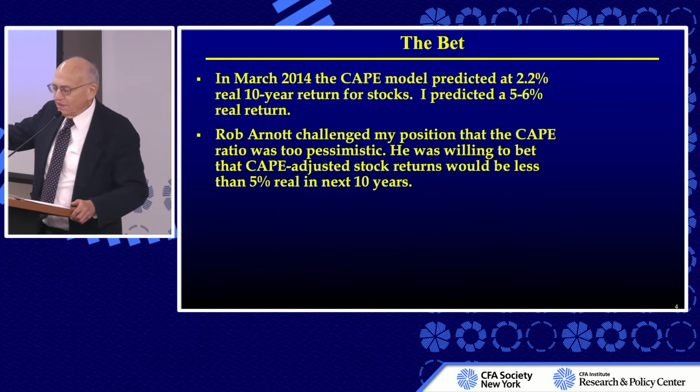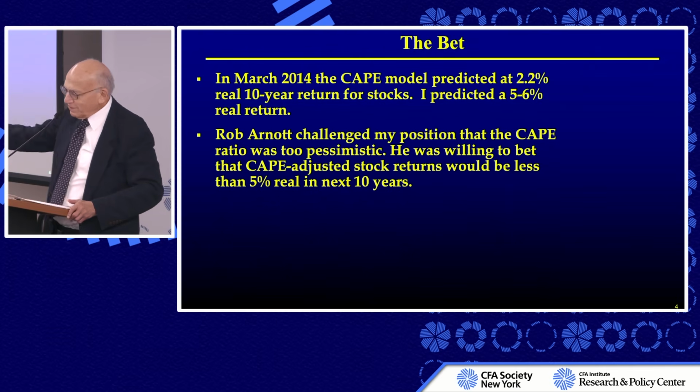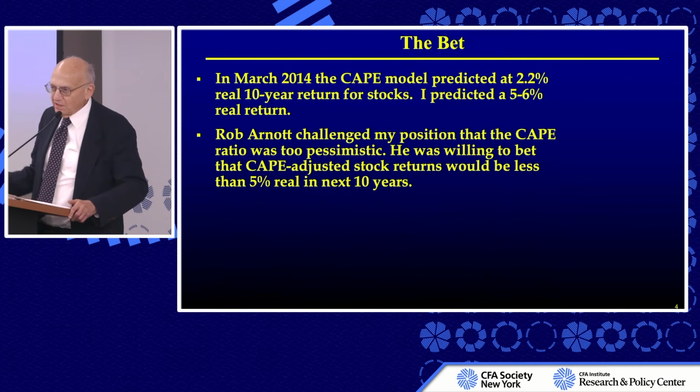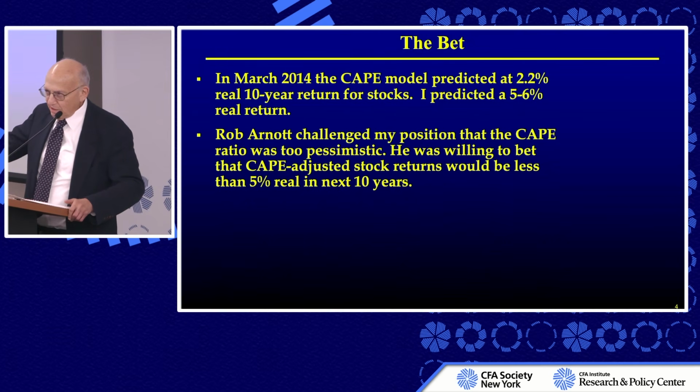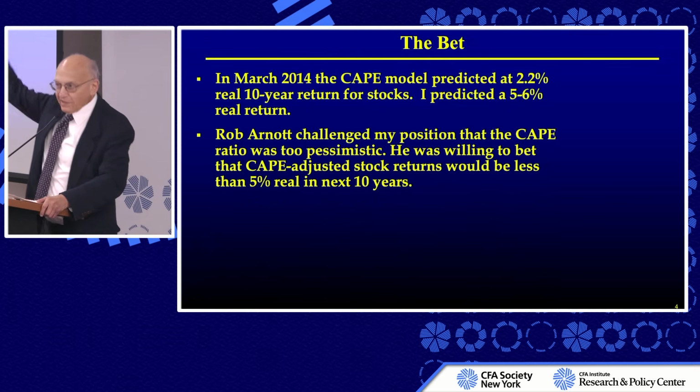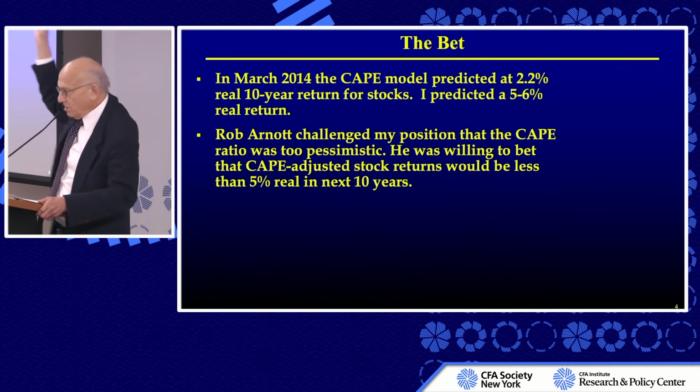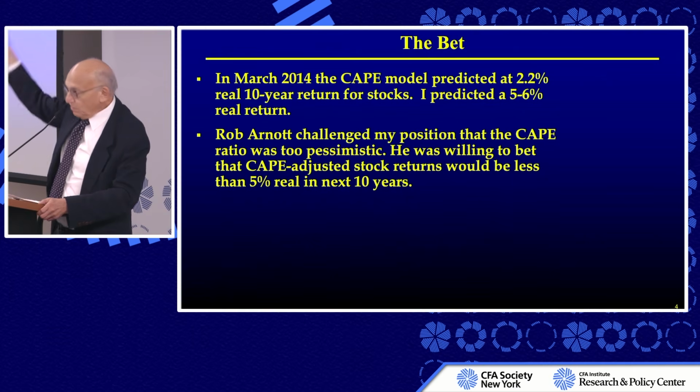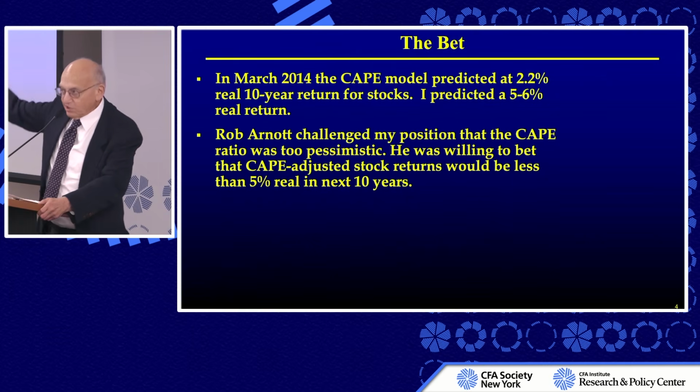But it was interesting what Rob specified. What does CAPE-adjusted mean? Well, he said he had to adjust it for what the CAPE ratio was. He said, if it flies up like 2,000, crazy like that, I don't want you to be right just on return. So it's got to be adjusted for the CAPE.